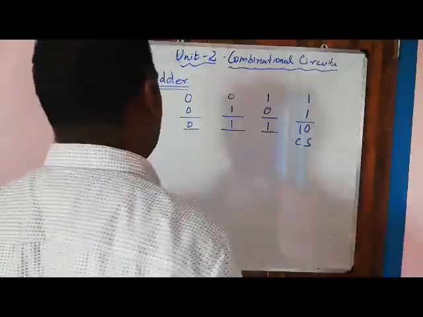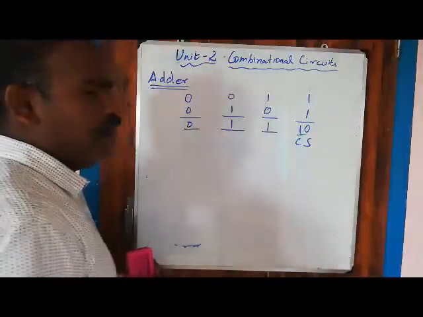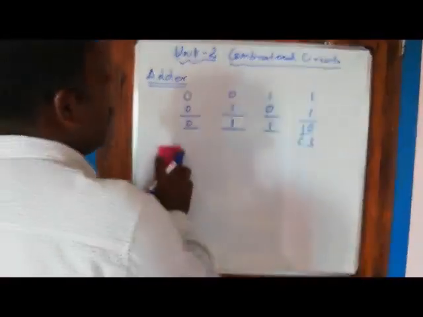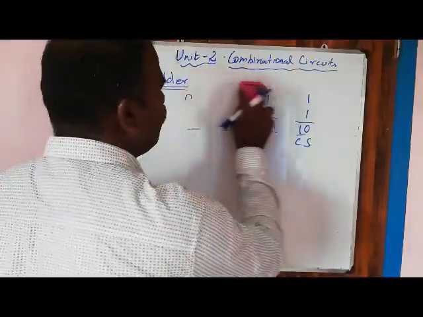So this is the binary addition of two binary bits.